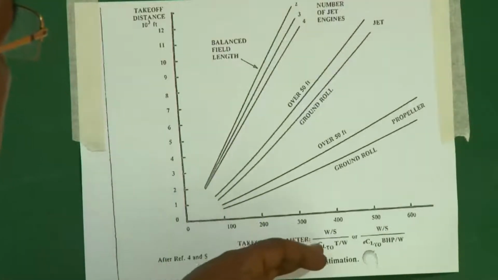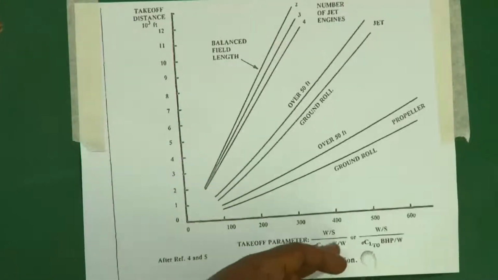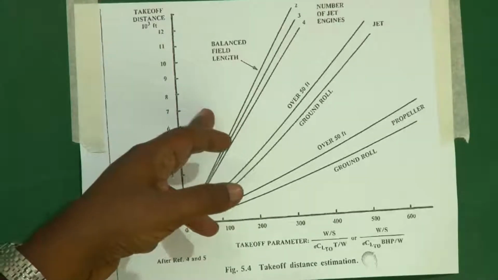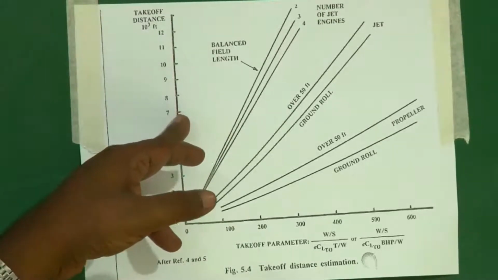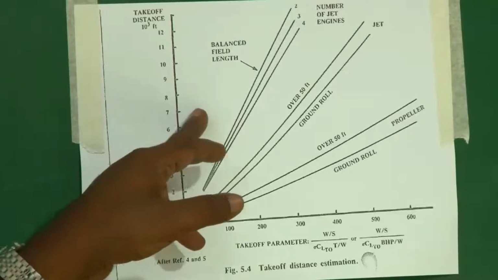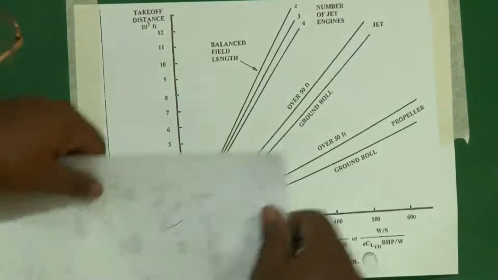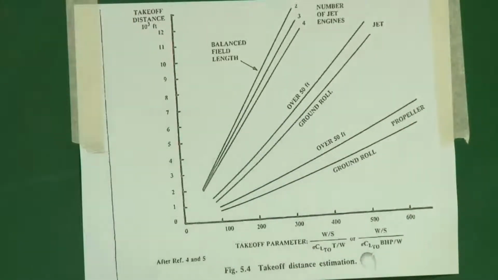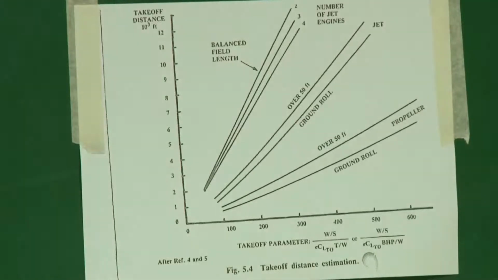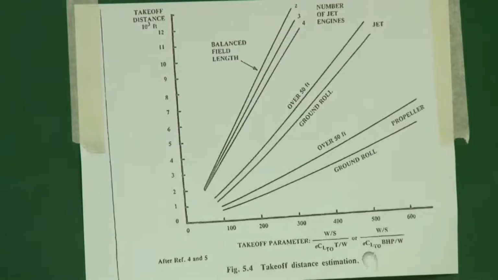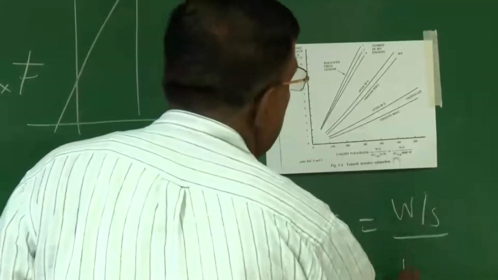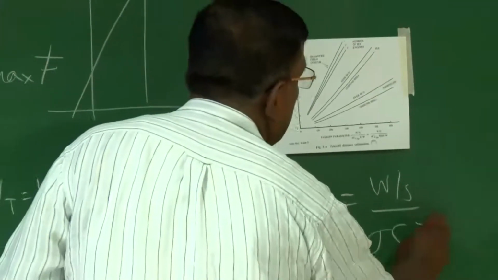For example, if you want to find out what wing loading I should have for a 7,000 feet takeoff length and for a jet aircraft, I'll go like this, and for jet here, I come down, it will be around 340 or 350, around that. That value will be the takeoff parameter, around 350, which will be equated to W by S, sigma CL takeoff into T by W.